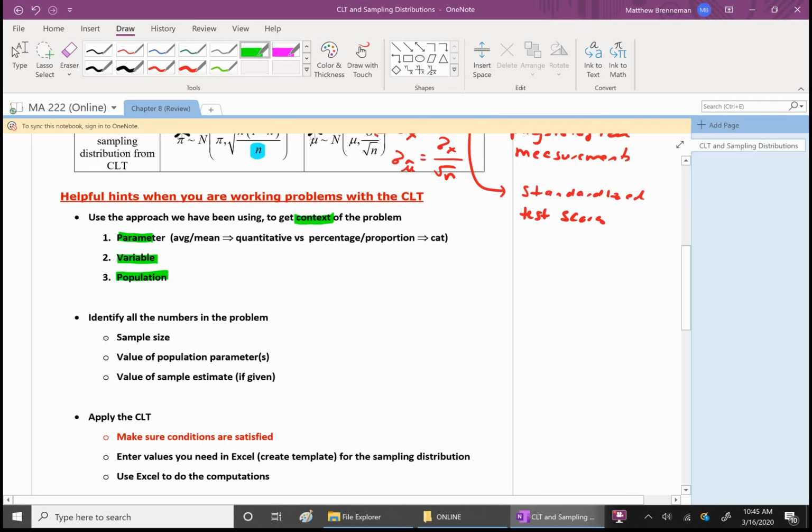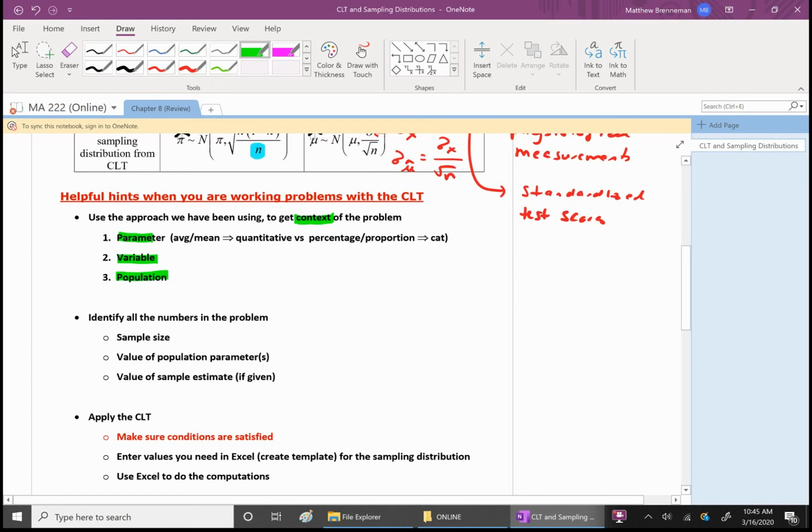After you do that, not a bad idea to go ahead and identify all the numbers. Highlight all the numbers, identify which is the sample size, that's always going to be in there, what the values of the population parameters are, so pi or mu and sigma, okay? And finally, if you're given a sample estimate, what its value is.